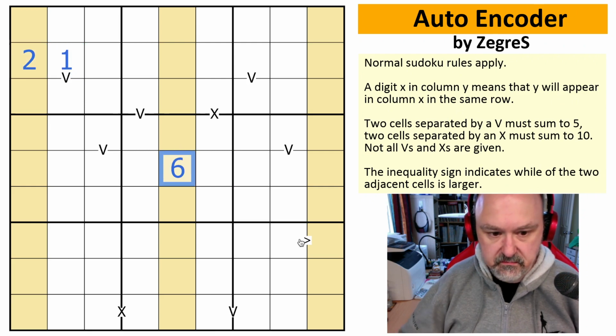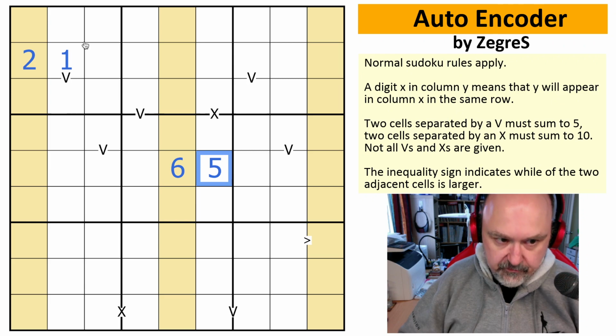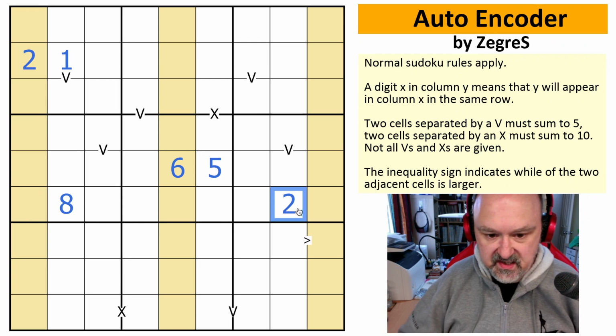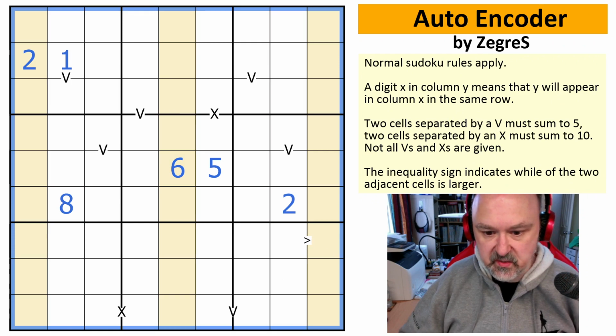Similarly, if there is a 6 placed in column 5, that means that the 5 has to get placed in column 6. This is the same, but it works on every column. So if an 8 was placed here, then the 2, because this is the second column, would have to get placed in the 8th column, and therefore the 8 has been placed in the second column. So that's the way that this rule works.